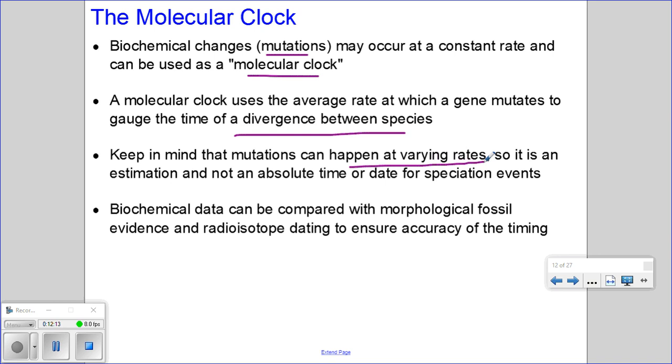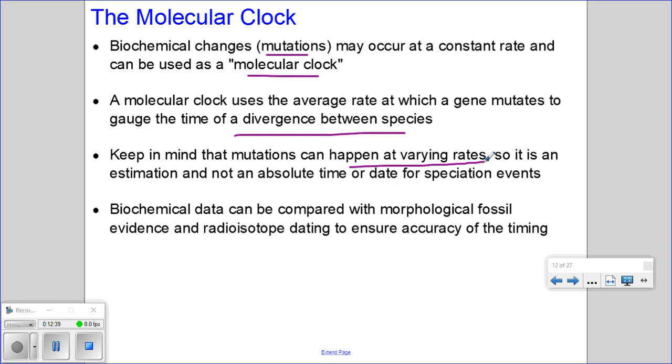There can be selective pressures applied to particular genes, and so it can affect the rate at which mutations occur. So it is important to keep in mind that with this molecular clock, it is an estimation and not an absolute time or date for speciation events. It's an approximation.